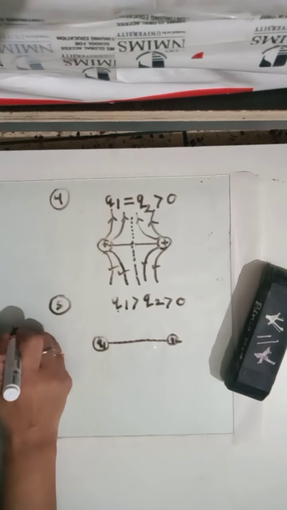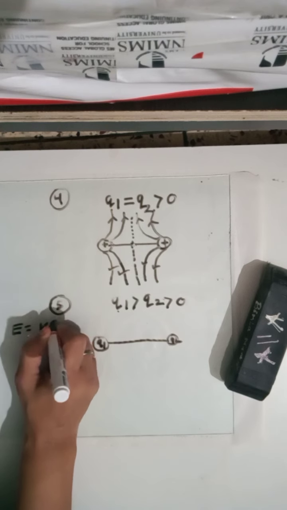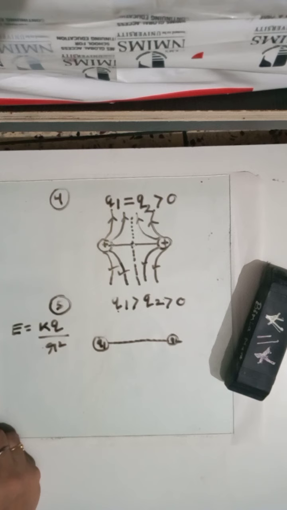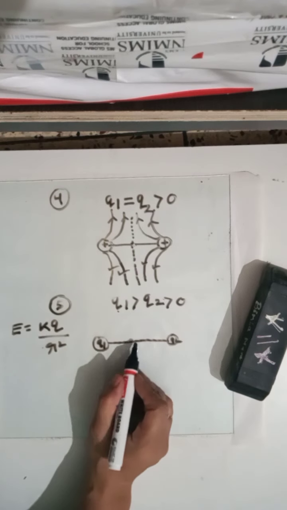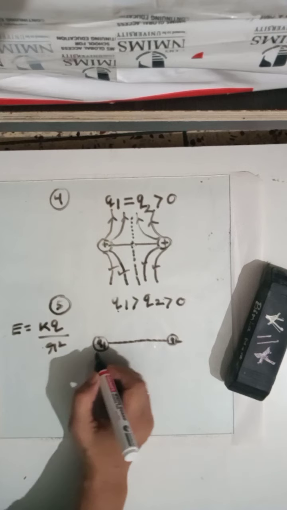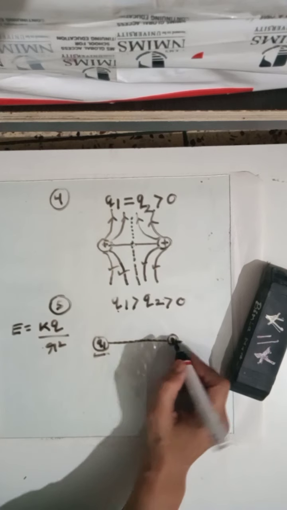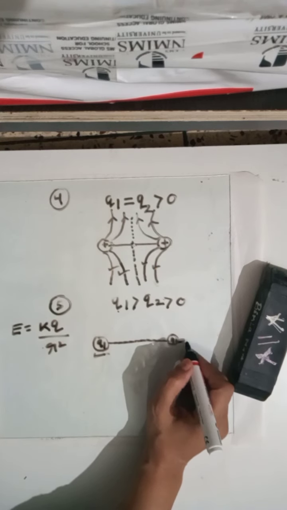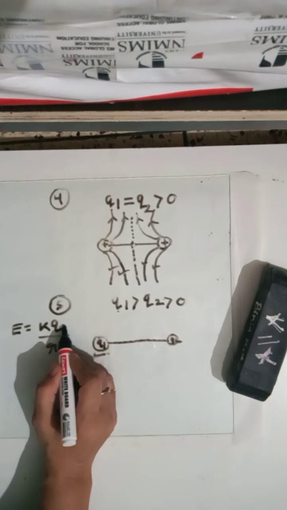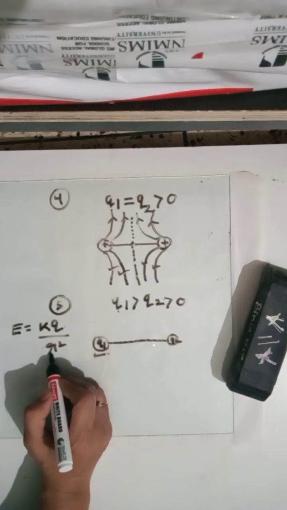You know, E is equal to KQ upon R square. Because at the neutral point the net value of the electric field is equal to 0, that means the electric field due to charge Q1 and the electric field due to charge Q2 must be equal. If Q is large, then R must be large.